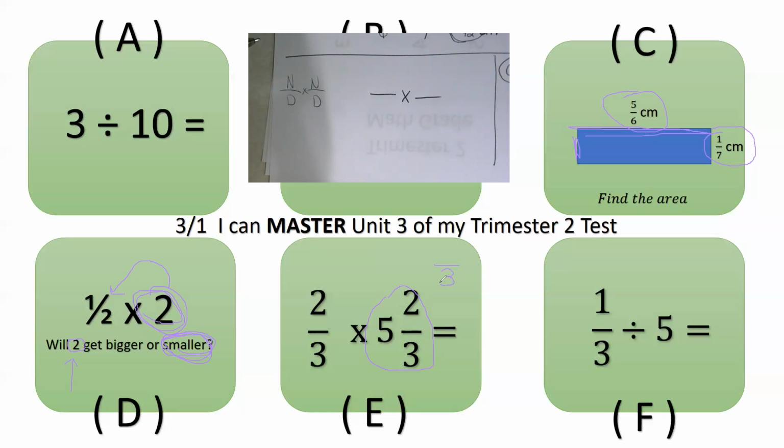How many entire thirds would it be? Well, there's 5 wholes, each whole is 3/3. So you have 5 of them: 3, 6, 9, 12, 15. So the 5 wholes is like 15 thirds, right?